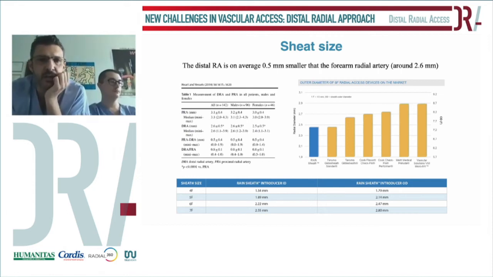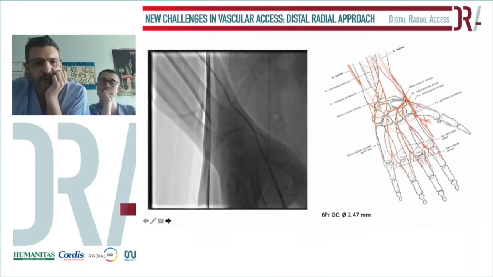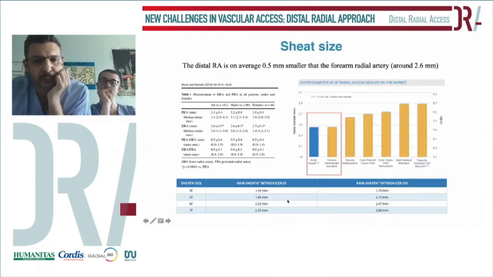I mean, the new sheaths that are available from Cordis, called RAIN, are very useful because if we consider the outer diameter of the new RAIN sheath introducer, if we advance a 6 French, we have 2.47 millimeters in terms of outer diameter.